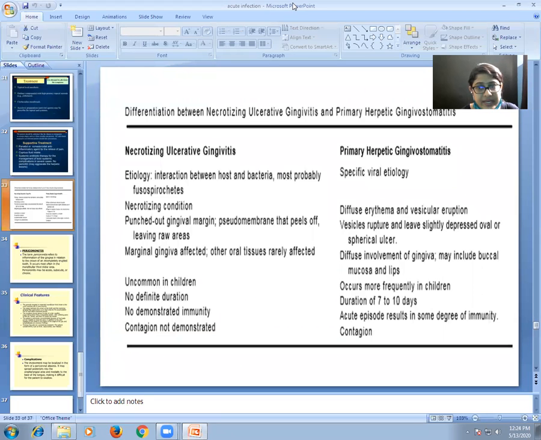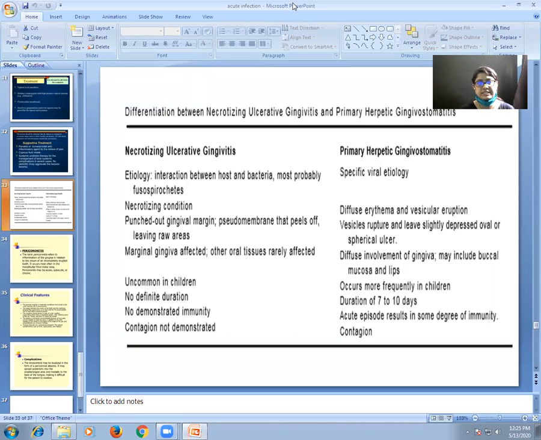Primary herpetic stomatitis is a viral infection characterized by diffuse erythema as well as edema, and mainly associated with vesicle formation on the palate, buccal mucosa, cheek, tongue, or labial mucosa. After rupturing of the vesicles, it results in oval or spherical ulcers with red elevated margins and white or gray depressions in the center.